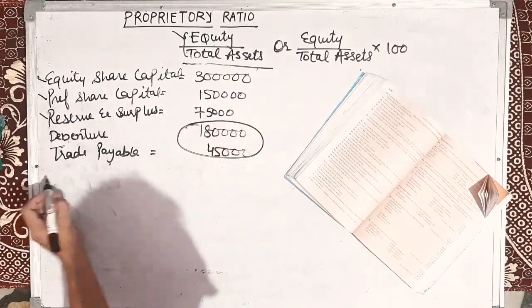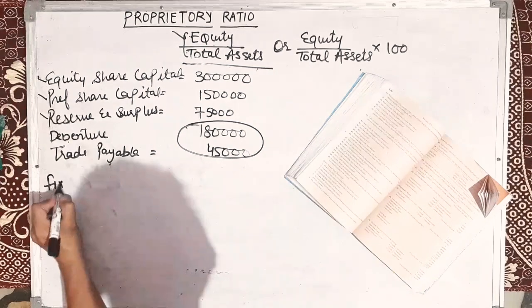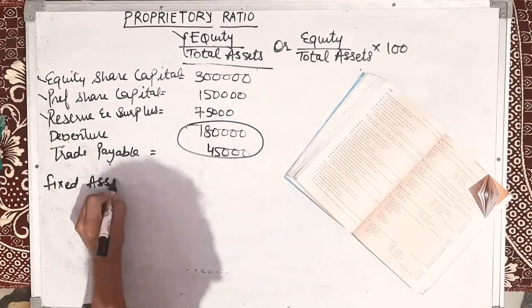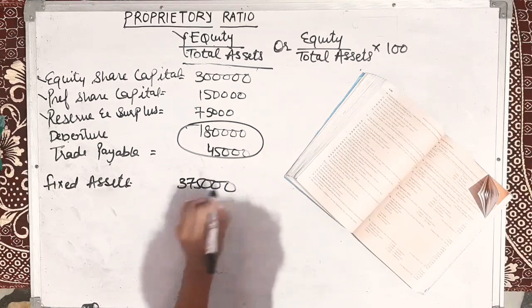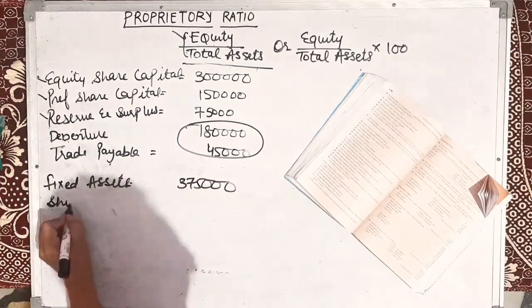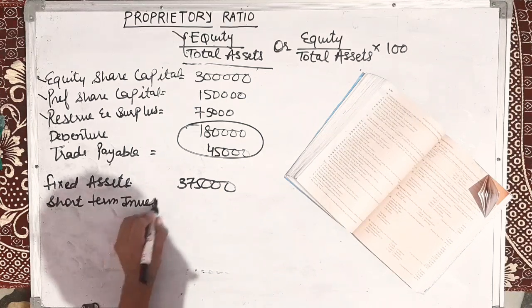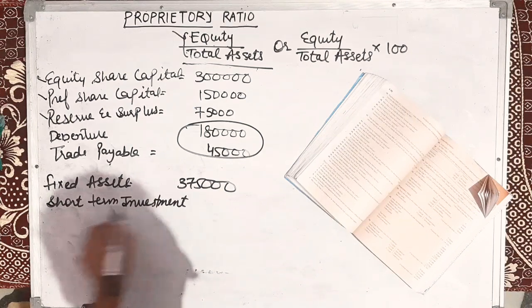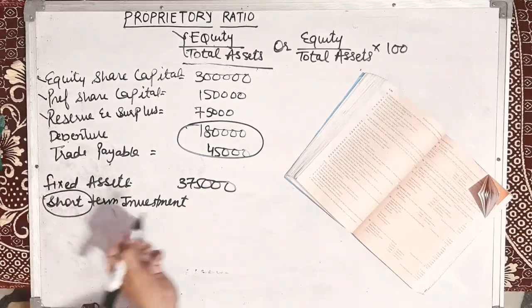Next we will move to total assets. Fixed asset is equal to 3,75,000. Short-term investment: when we use the word short, it means that it is a current asset.